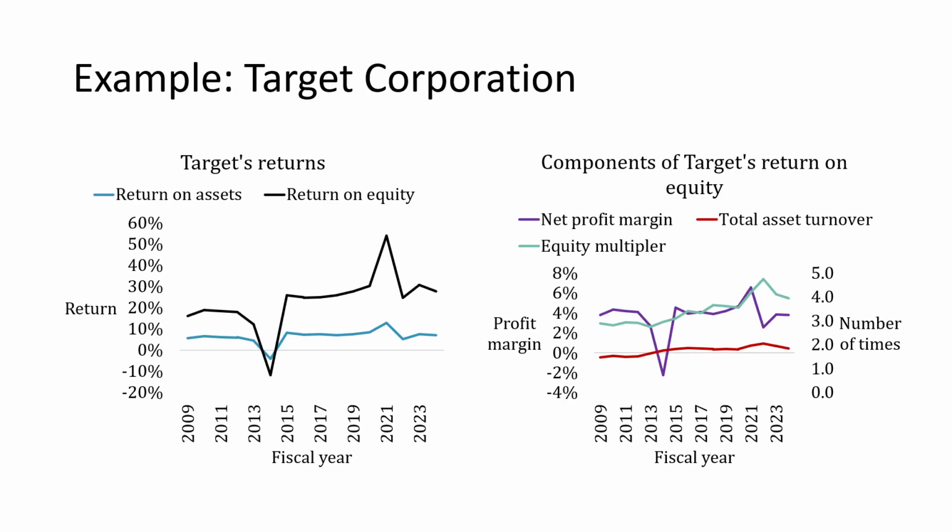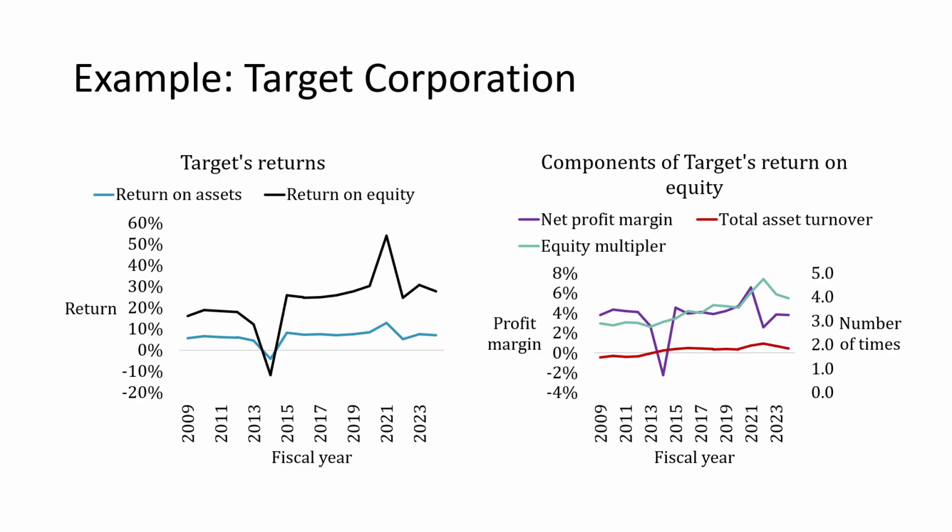Now let's just take a look at Target Corporation. And if we look at Target's returns in the left graph, we see that in 2014 and then in 2021, there were some unusual returns. Return on equity dropped quite a bit in 2014, and then in 2021, we saw an uptick in return on equity.